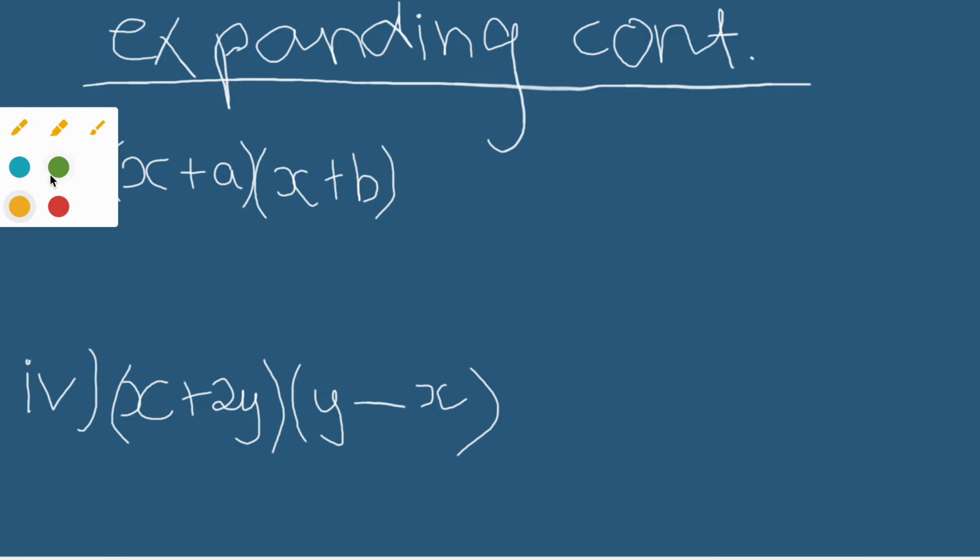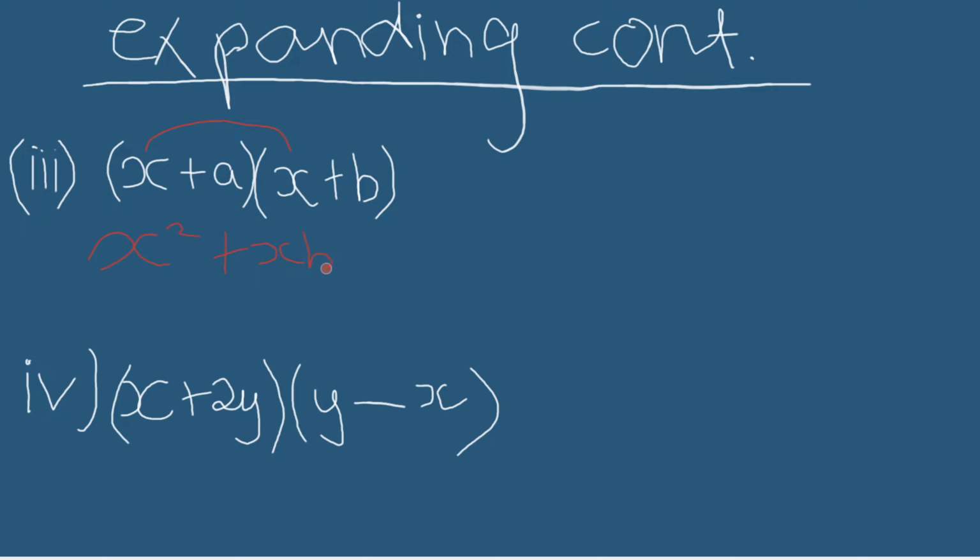So let's use the color. x plus a times x plus b. x times x is x squared. x times b is plus xb. a times x is plus ax. And a times b is plus ab.